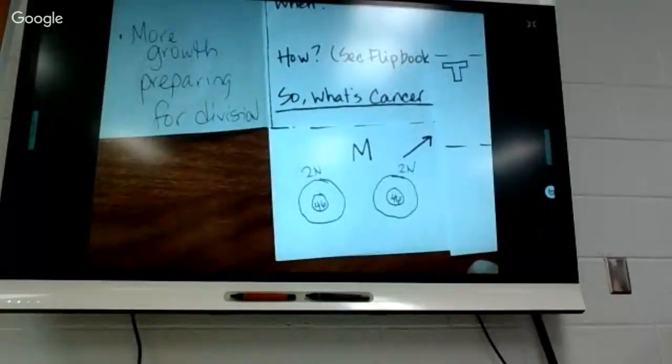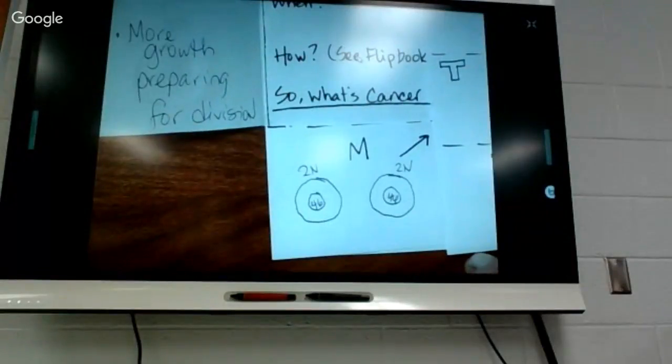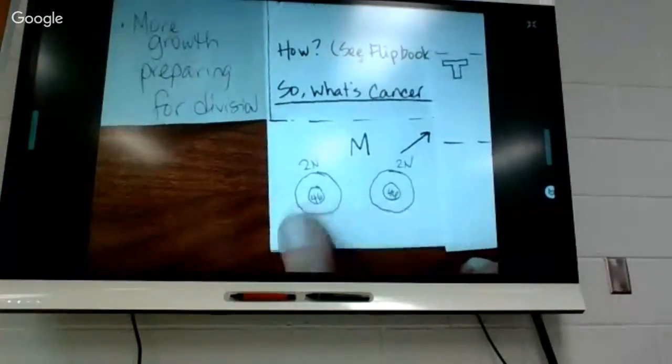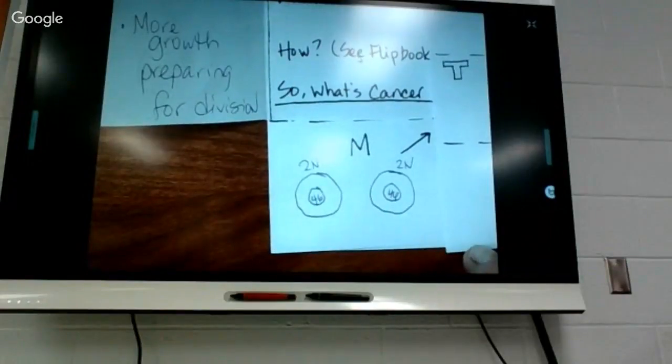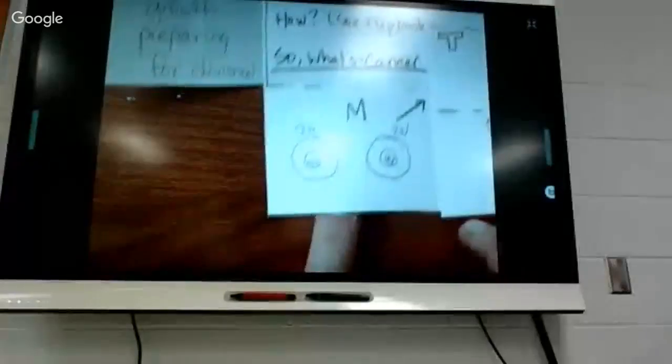How do they compare to the one you drew in G1? I might draw mine a little smaller, but how do these cells compare to the first? That's it. So in this flap, we're just going to put cell division.